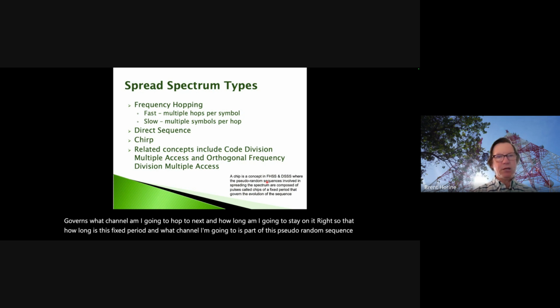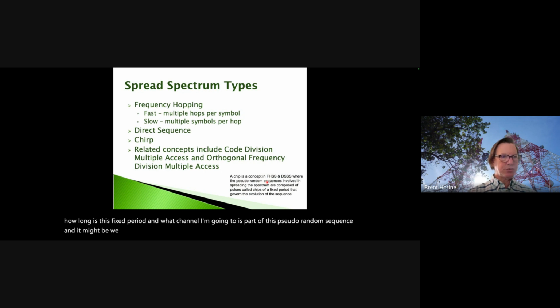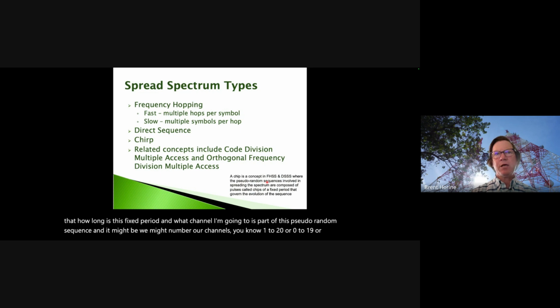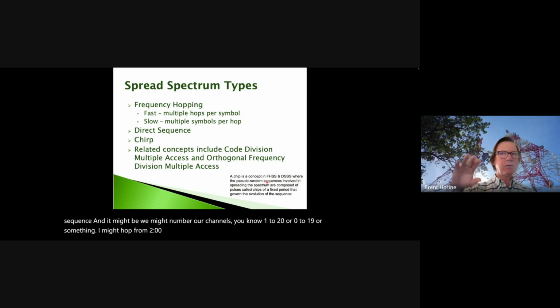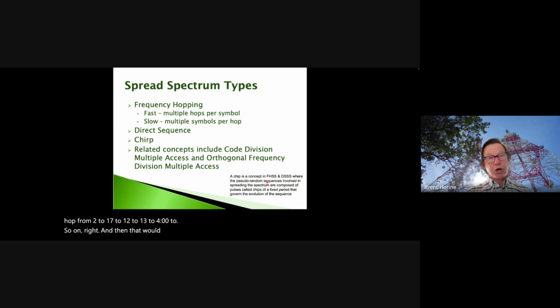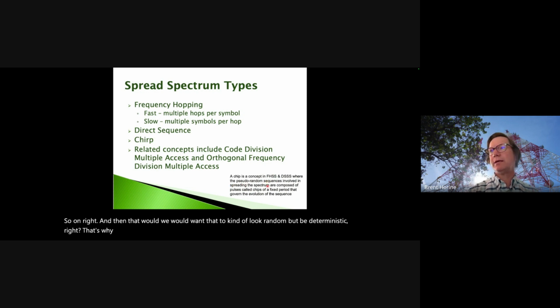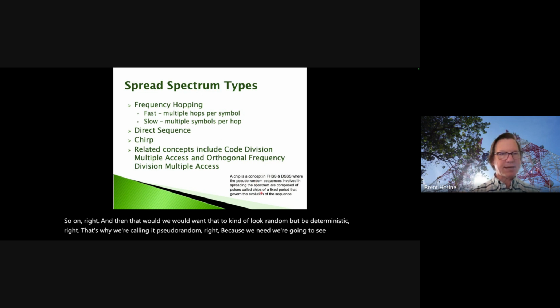And it might be, we might number our channels, 1 to 20, or 0 to 19 or something. And I might hop from 2 to 17 to 12 to 13 to 4 to 18, so on, right? And then we would want that to kind of look random but be deterministic, right? That's why we're calling it pseudo random, right? Because we're going to see that we need to replicate that same sequence at the receiver to kind of despread things, right?